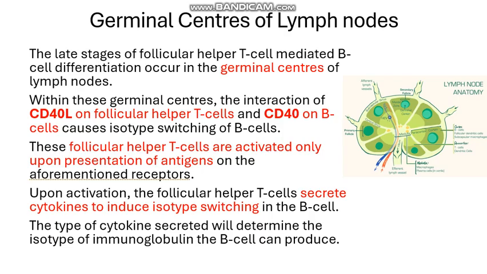These follicular helper T cells are activated only upon presentation of antigens on these receptors that we talked about, the CD40L, CD40. Upon activation, the follicular helper T cells secrete cytokines that induce isotype switching in the B cell.